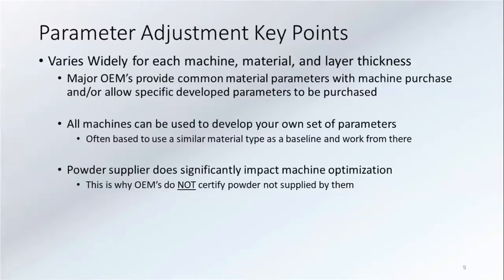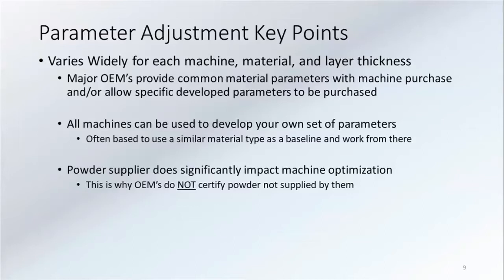That goes back to why standards are taking so long and why NIST is having trouble with some of this. If I build a part with one setting on one machine and do it on another machine, it's not exactly a copy. It doesn't work.